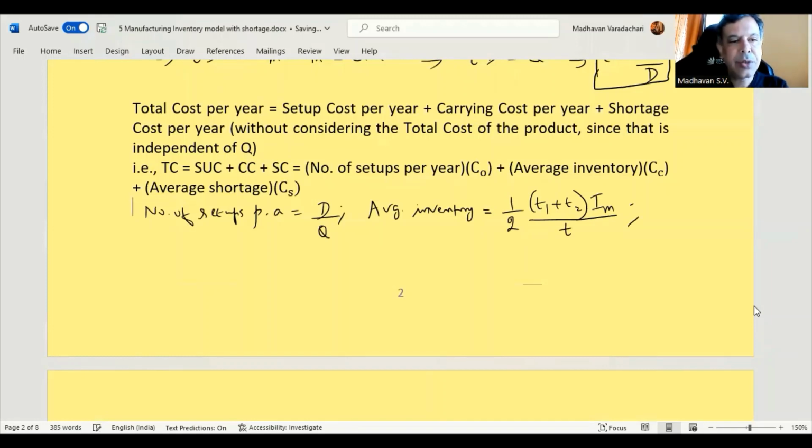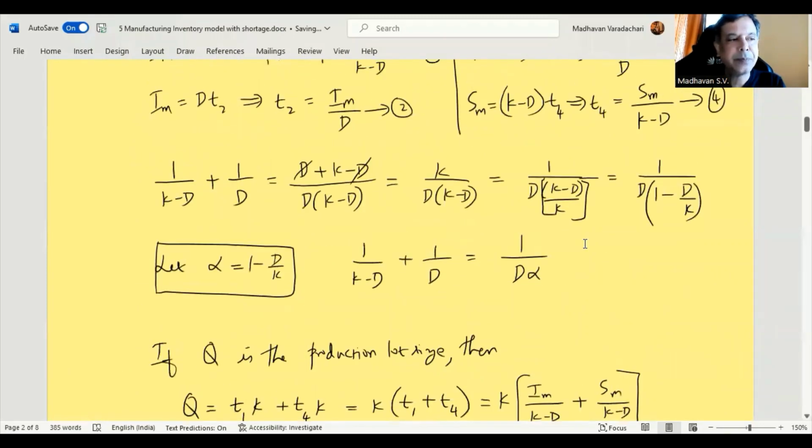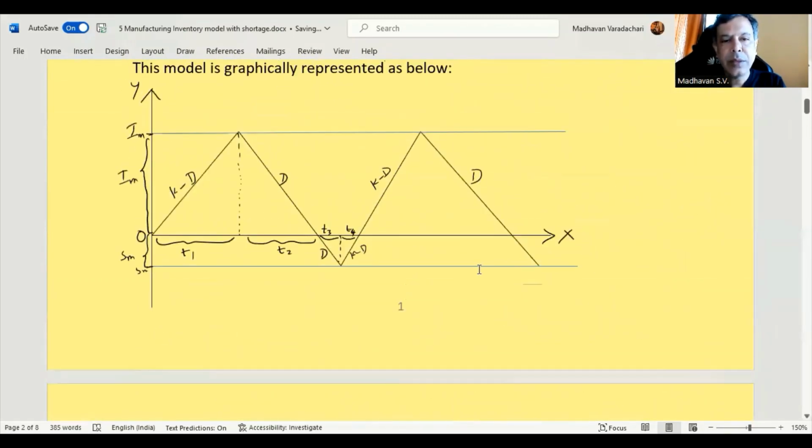Similarly, average shortage. Average shortage will be the area of the triangle which is formed wherever the shortage is existing. Shortage is in this portion. The height will be SM and the base will be T3 plus T4.